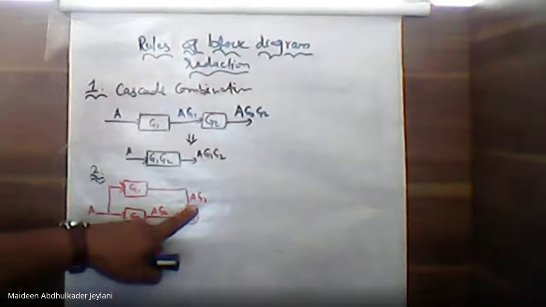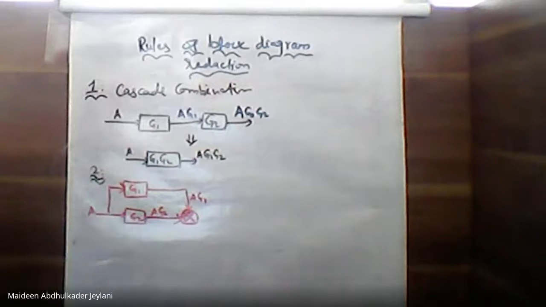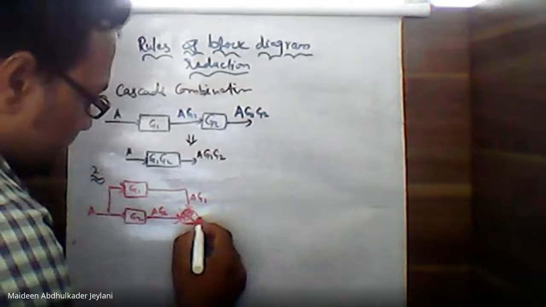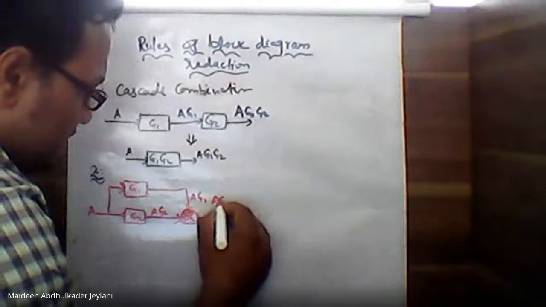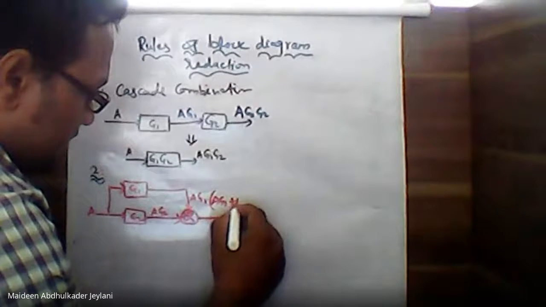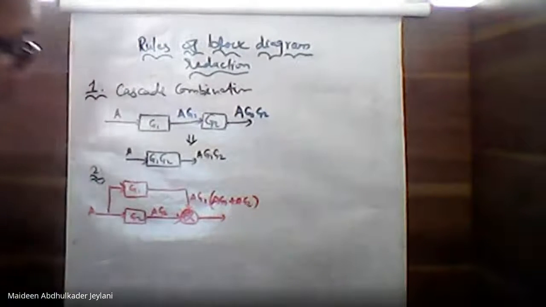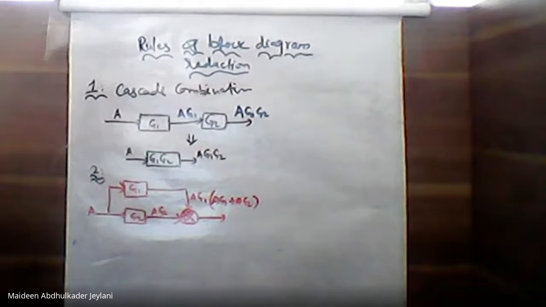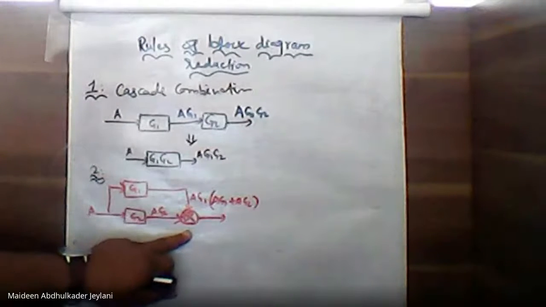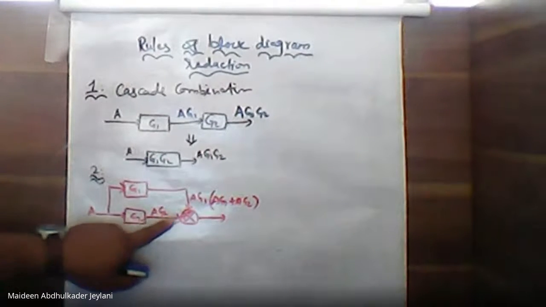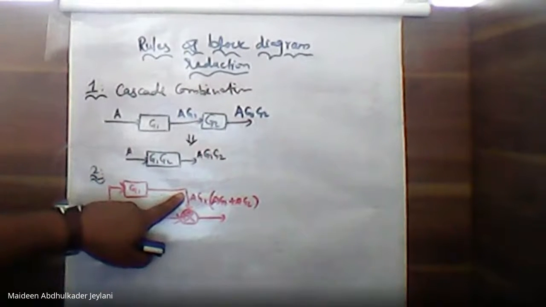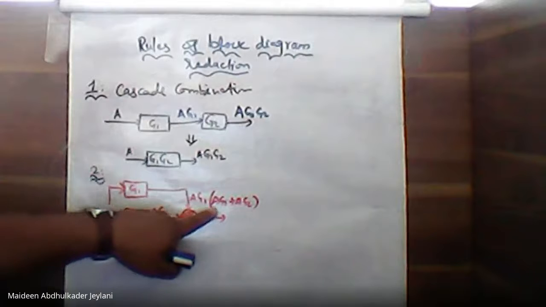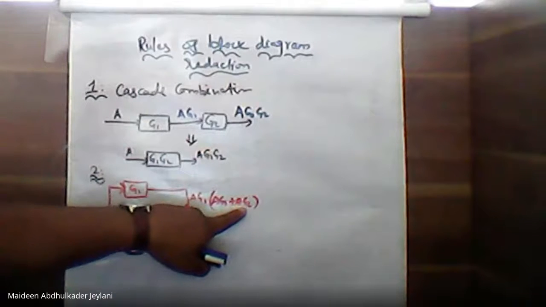Since both are positive, these two inputs are added together. So the final output is A into G1 plus A into G2, because we have both positive here. The sign of this input is positive, and the sign of this input is also positive.